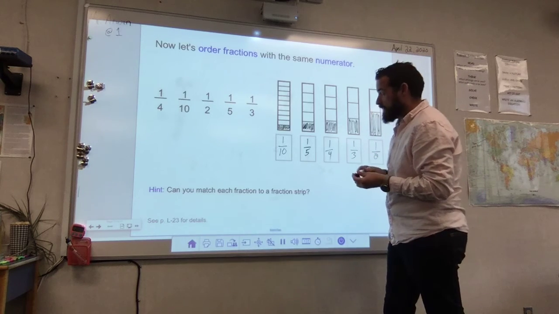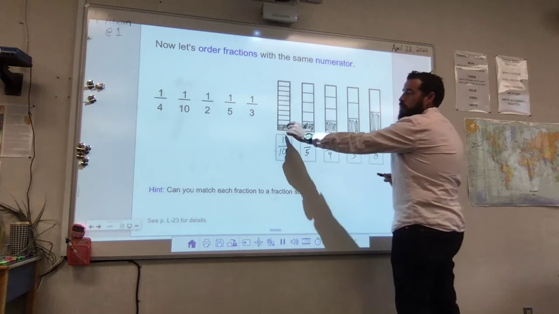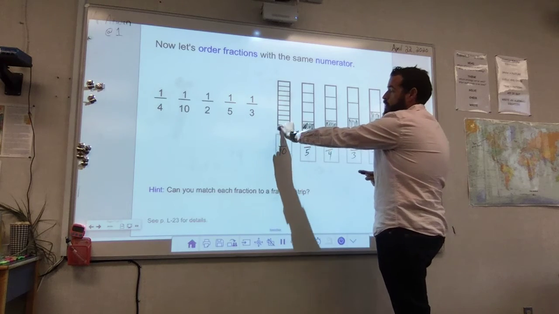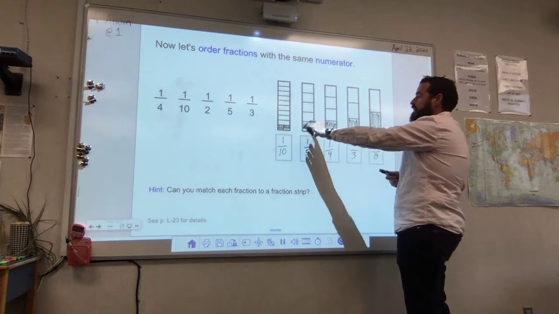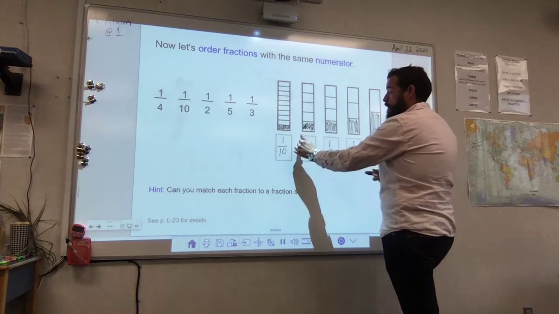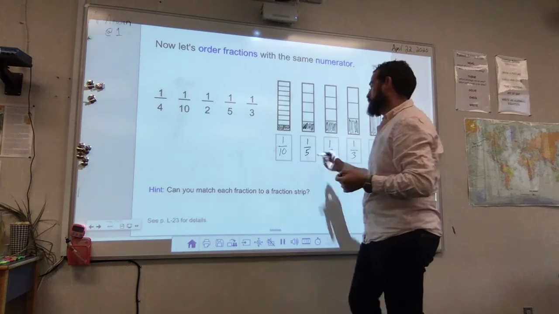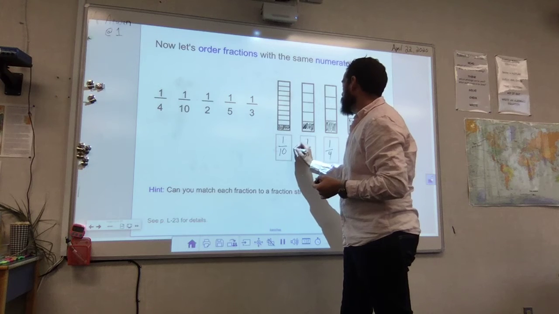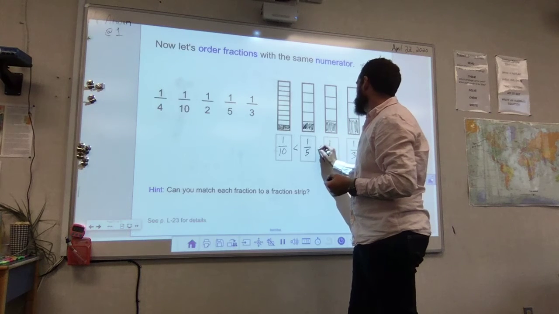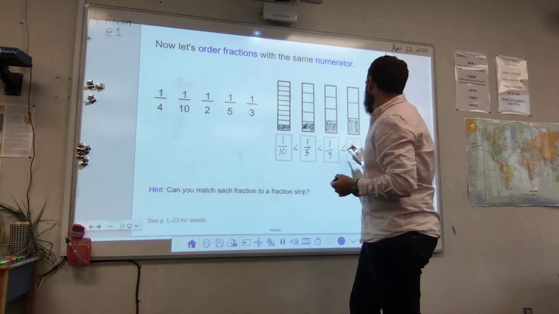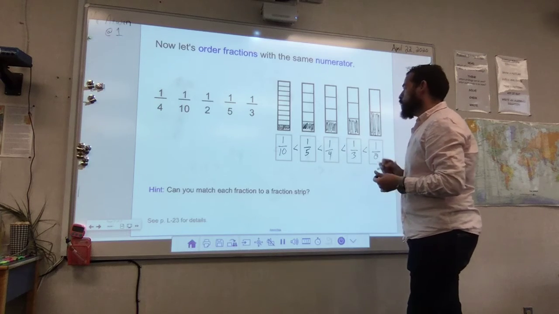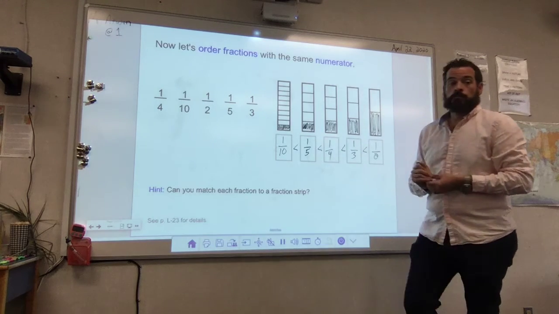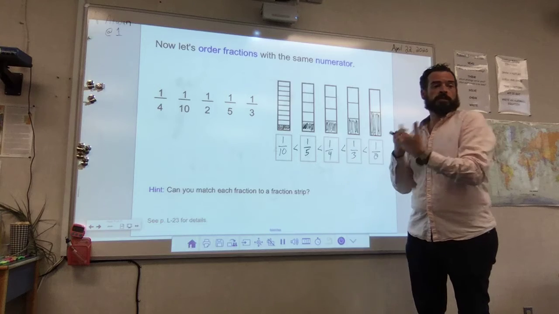And as you can see, the bigger the denominator, the smaller the piece that it's been divided into. So if we want to, we can put in our symbols here. So we can say 1/10 is less than 1/5, is less than 1/4, is less than 1/3, is less than 1/2.